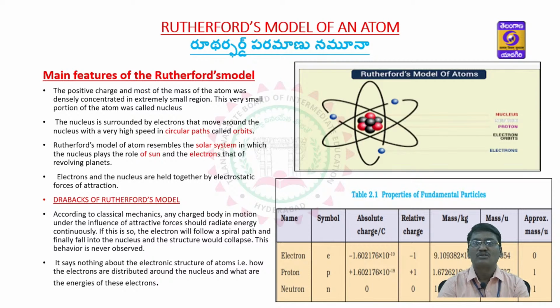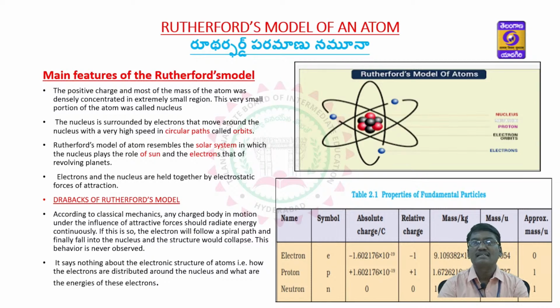Okay. So the Rutherford model of atom resembles the solar system we are seeing, in which the nucleus plays the role of the sun and the electrons revolve like planets. Electrons and the nucleus are held together by electrostatic force of attraction. The electrons are not going away from the atom, like the planets not going away from the sun.